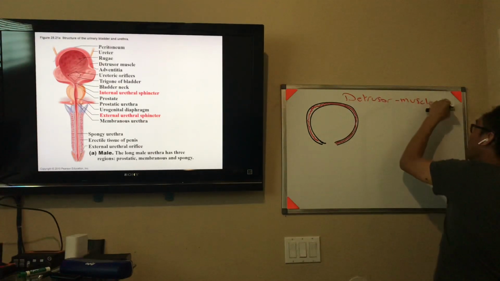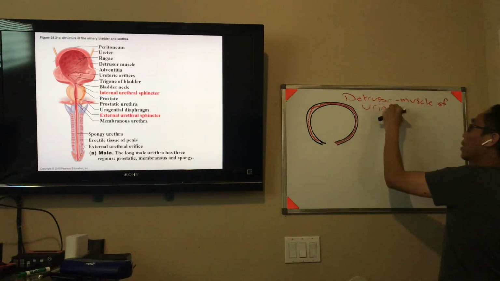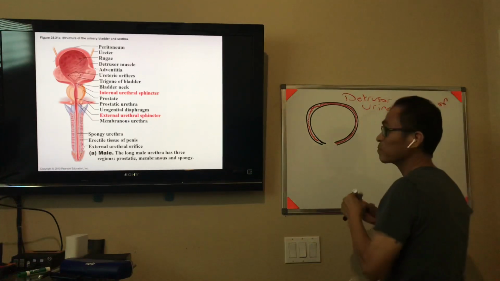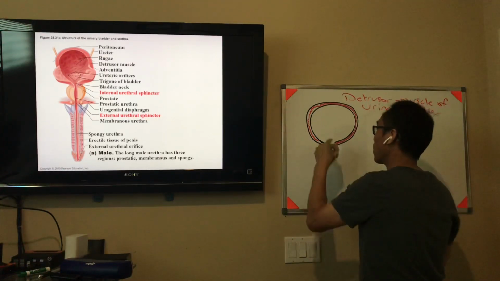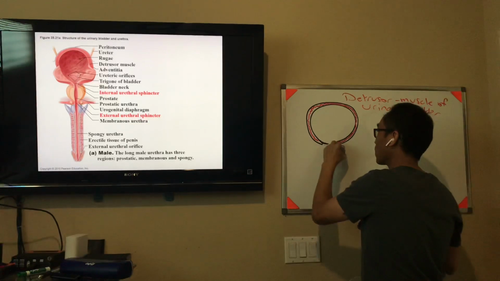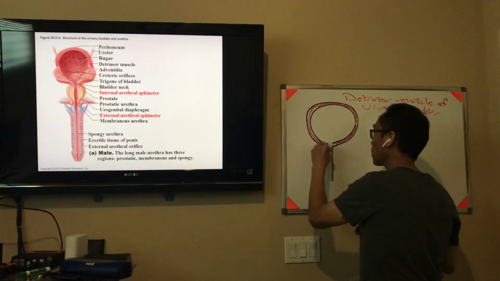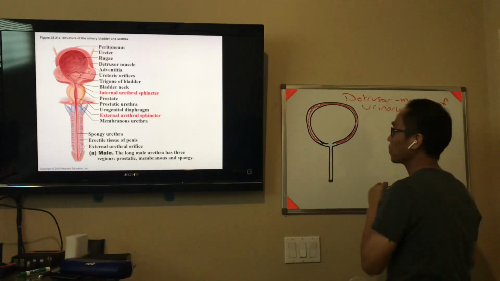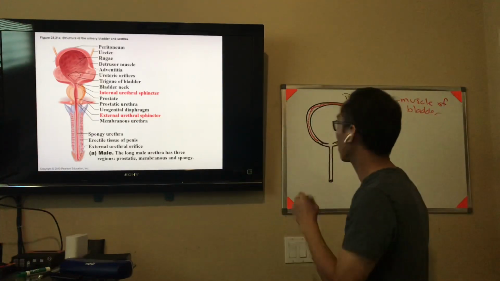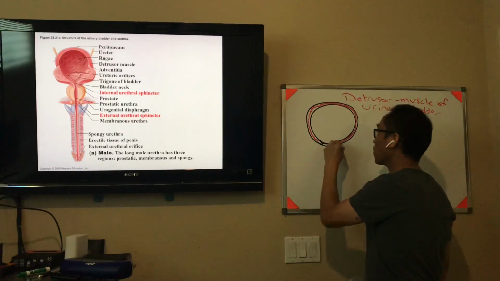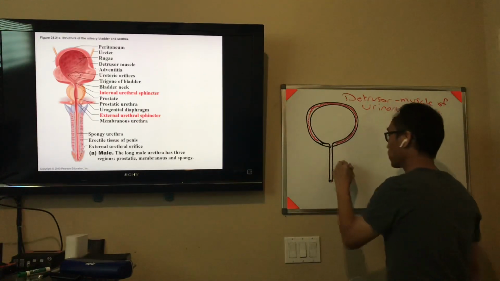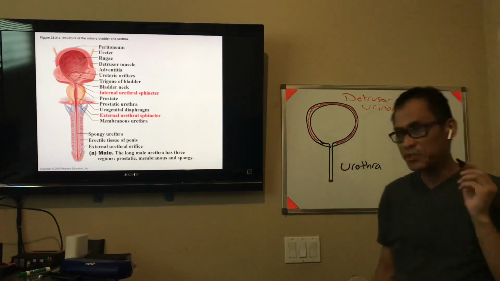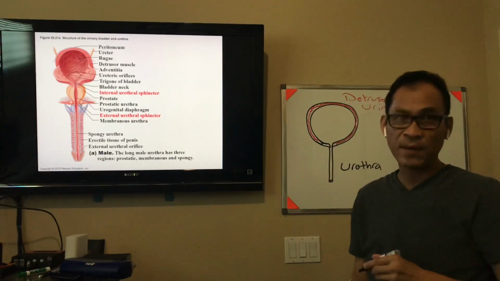Basically, it's the muscle of the urinary bladder. And you have the urethra. About 8 inches in males, about 2 inches in females.